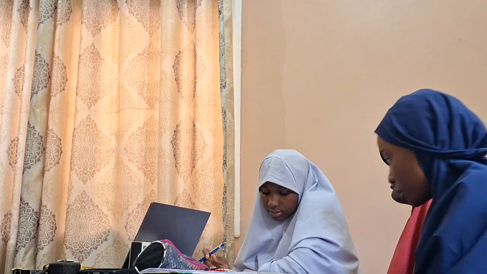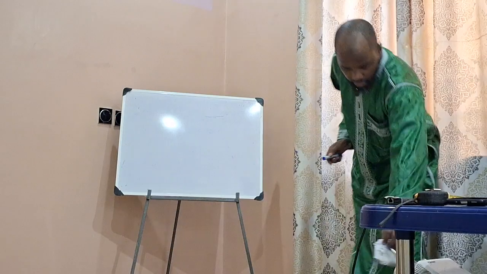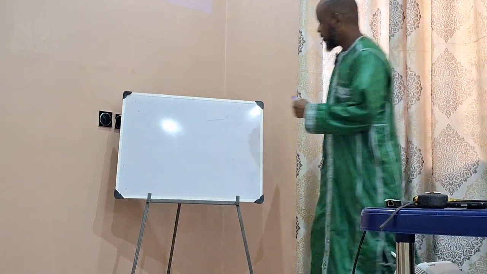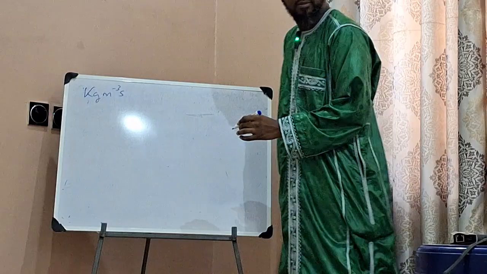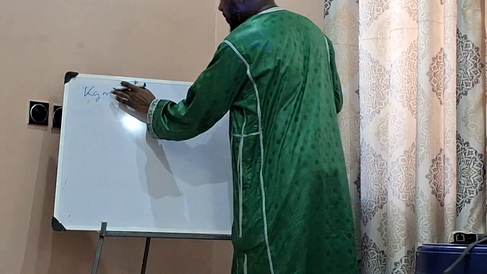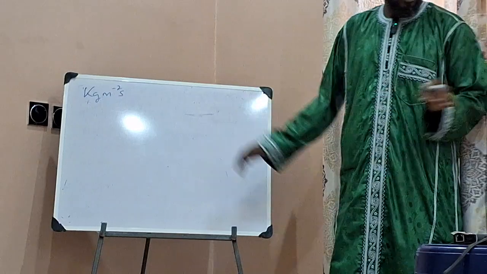Okay, let me erase the board and write your answer, and then we'll work out the solution together. What did you get? You got kilogram per meter cubed, so meter to the power of -3 seconds here. Okay, per meter squared, then seconds. You got this?